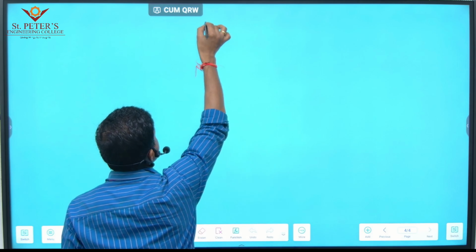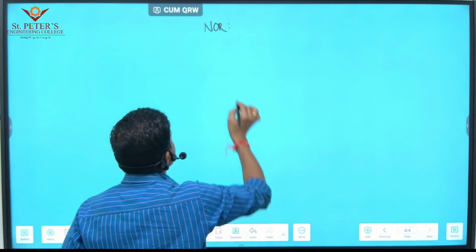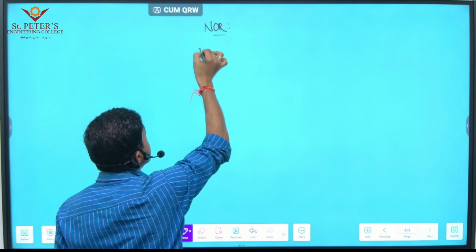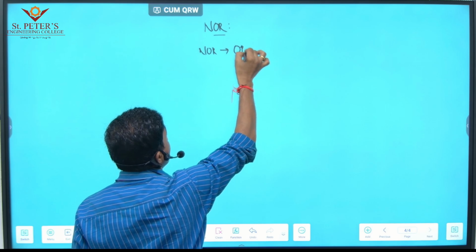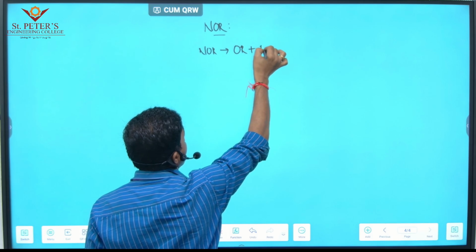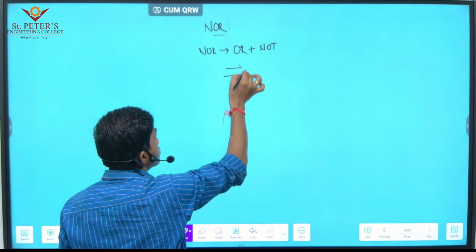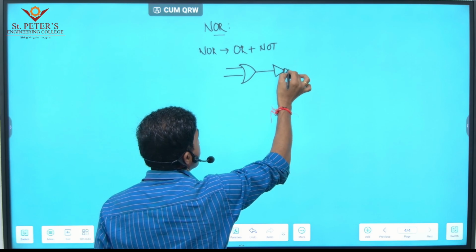Next, NOR gate. Again, if you observe, there is an OR symbol. So NOR is nothing but OR followed by NOT gate. So if I draw, this is the OR gate followed by one NOT gate.